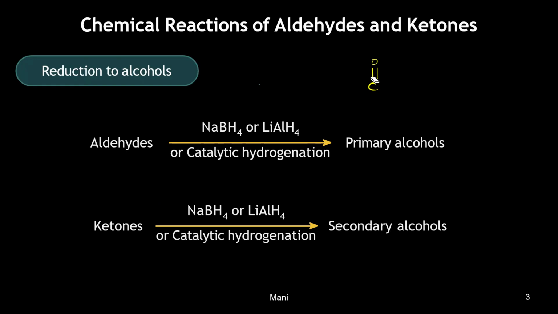We know that oxygen is more electronegative. Yes or no? Oxygen is more electronegative and carbon is electropositive. So that creates a partial negative charge on the oxygen and a partial positive charge on the carbon.